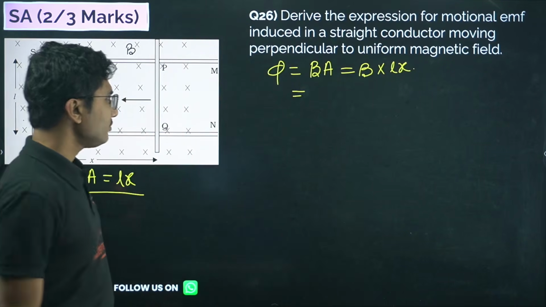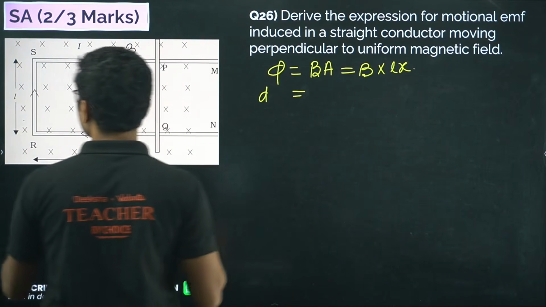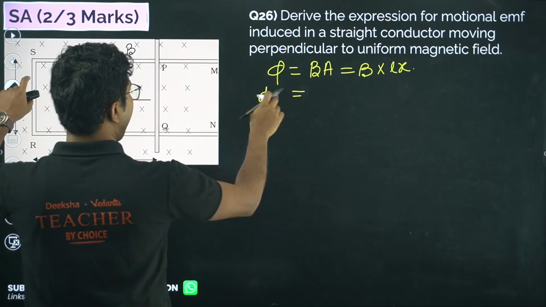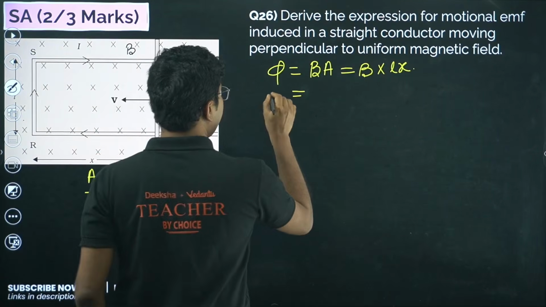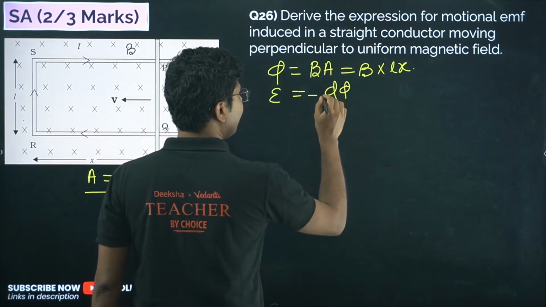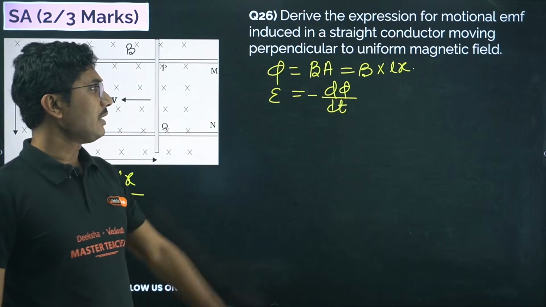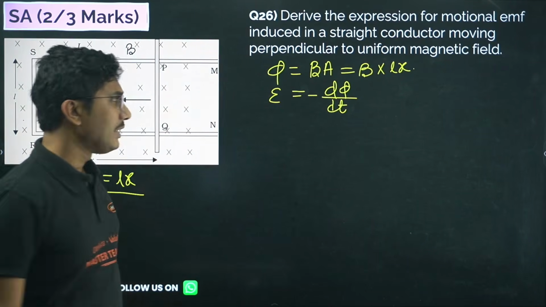Now what is the induced EMF? Induced EMF is given by minus d phi by dt. According to Lenz's law, there will be a negative sign. This is the induced EMF.